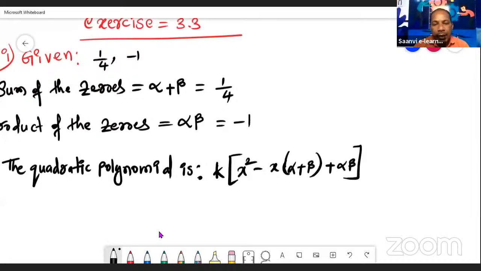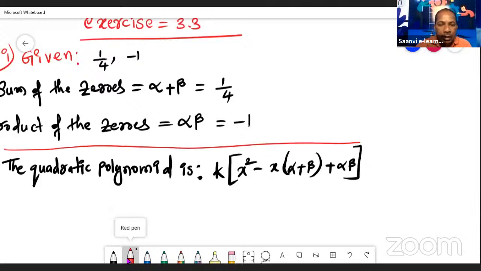Here k means any constant number, alpha plus beta means the sum of the zeros, and alpha beta means the product of the zeros. This is the formula for finding a quadratic polynomial whenever zeros are given.